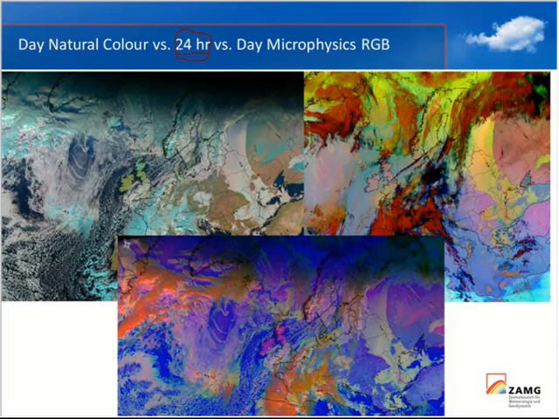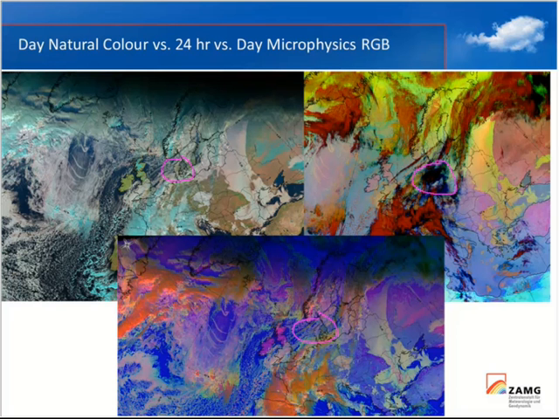So in the day natural color RGB and the day microphysics RGB, you can't detect cirrus clouds too well. Wait a moment, I changed the color. In the 24-hour microphysics RGB, the cirrus clouds appear in these blackish colors, like here over Denmark. And you can't see the cirrus clouds, neither in the day natural color RGB, nor in the day microphysics RGB.